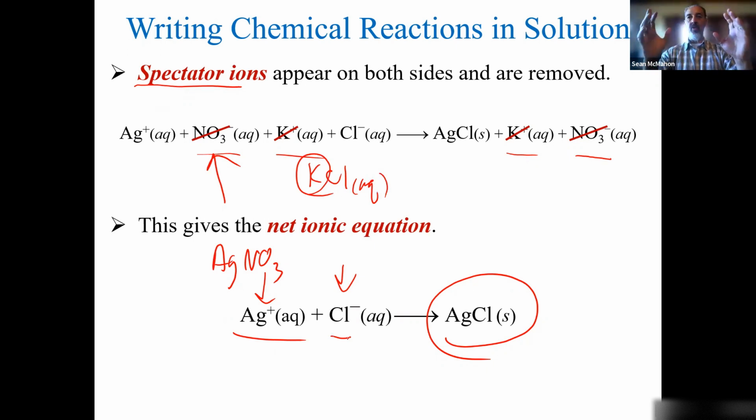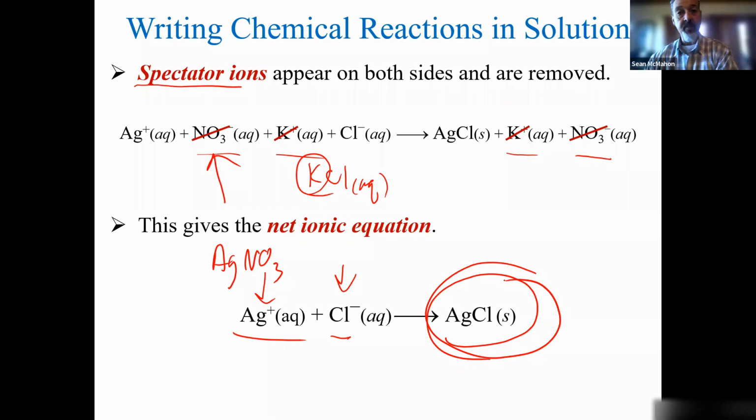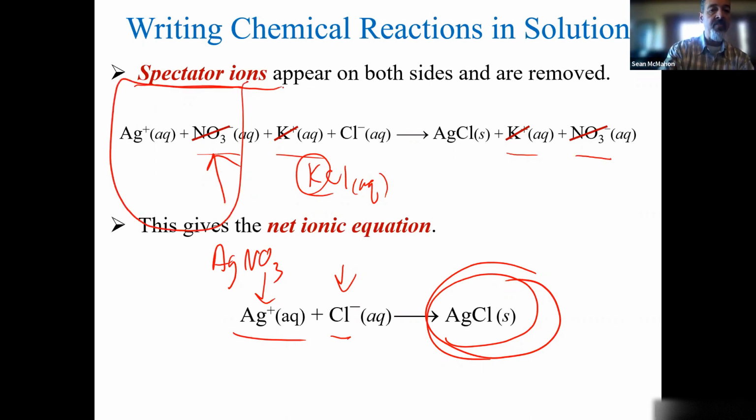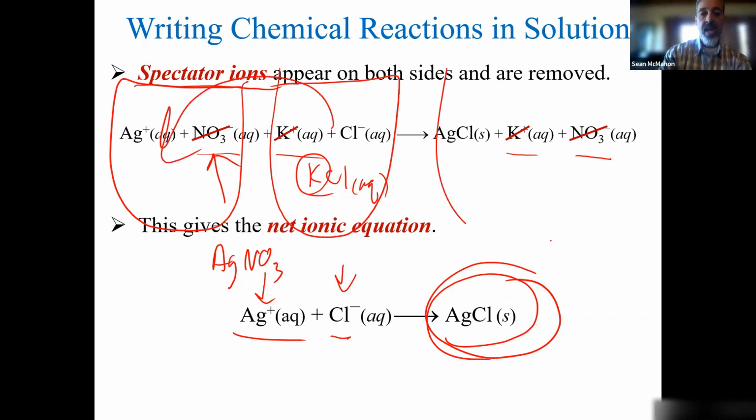But when the silver and chloride see each other, boom, they come together and produce silver chloride as a solid. And that's my precipitation. I would see a white precipitate come out in the solution. Basically, you take a test tube that has silver nitrate and a test tube that has potassium chloride, you pour them into each other, and in the mixture you get a white precipitate, and that's your solid.